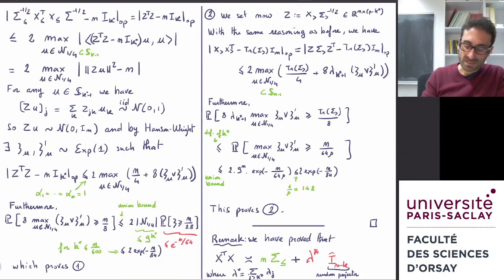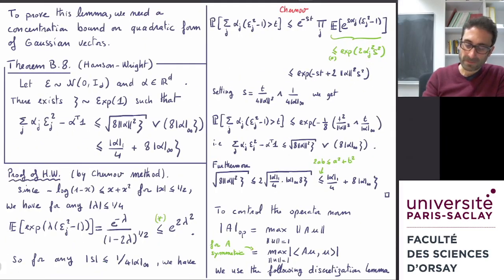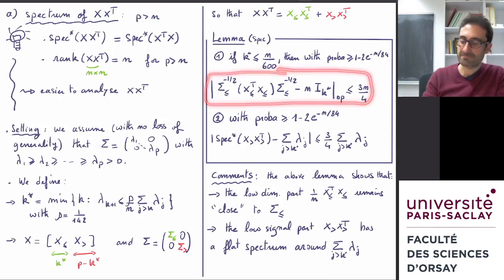Simply because what we have shown is that with high probability, this is smaller than n over 8. Okay, so then I will multiply everything by 2. So if I multiply everything by 2, I will obtain that this is smaller than n over 2 plus n over 4, which is 3n over 4, sorry. And this is exactly the bound that we had here.